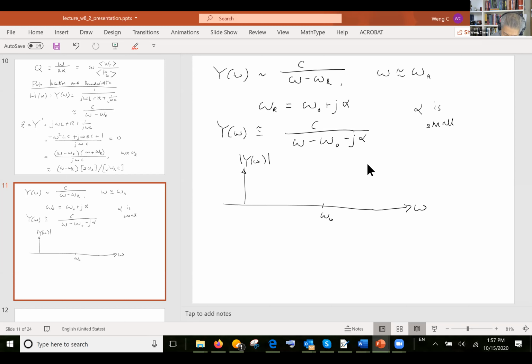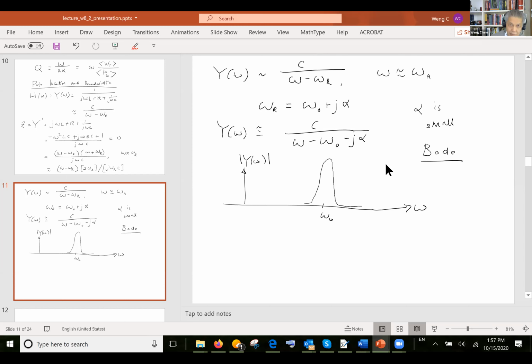Okay, if you plot it, it will look something like this. And then if you've done Bode plots in your undergraduate days, you probably should be quite familiar with this. Okay, and then when would the half power bandwidth be?